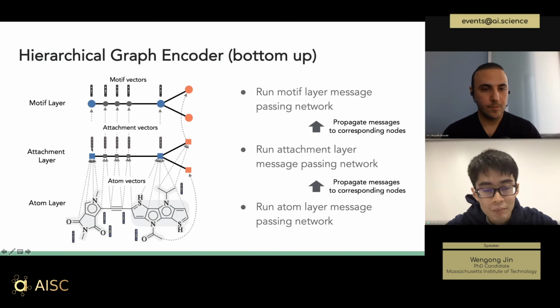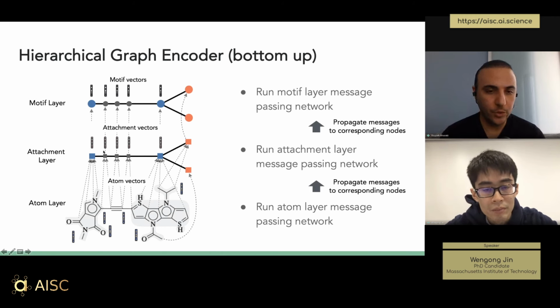When running the attachment layer message passing network, each node will receive messages from its neighboring nodes here and here, as well as the atoms belonging to these motifs. So it will receive messages from the atoms in all of these gray boxes. And you can do the same thing from the attachment layer to the motif layer.